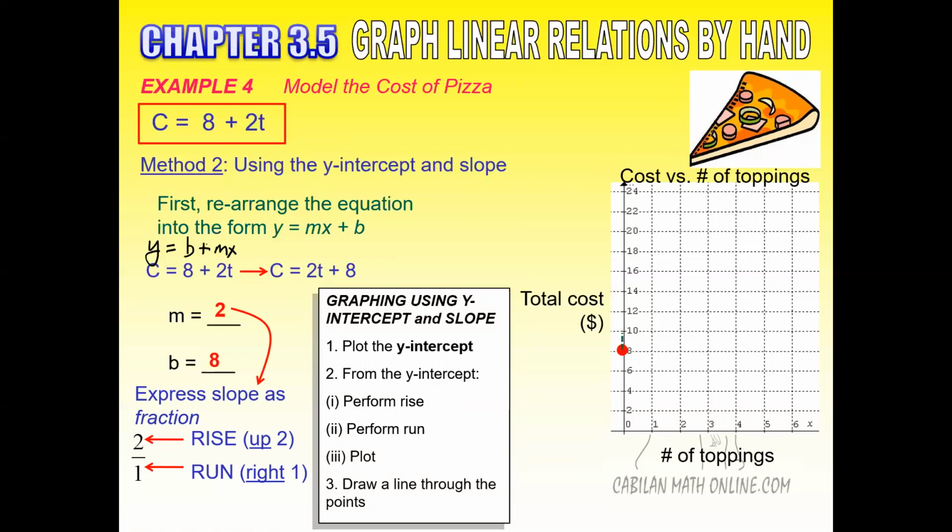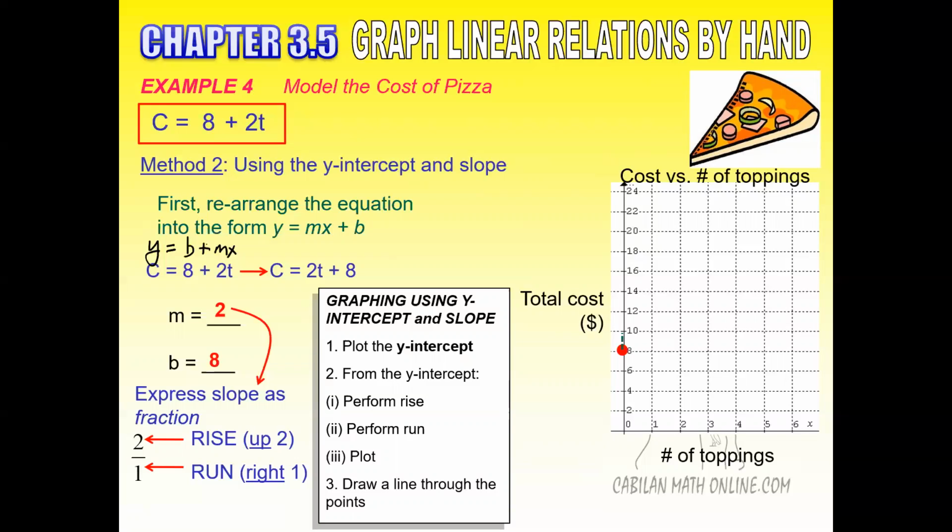Why only 1 box? Because each box represents 2. When doing rise over run, you always have to factor in the numbers that make up the graph. Even though we've gone up only 1 box, that 1 box represents a rise of 2.